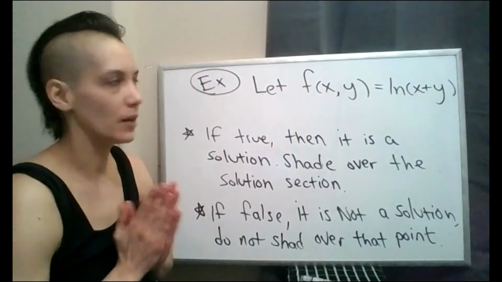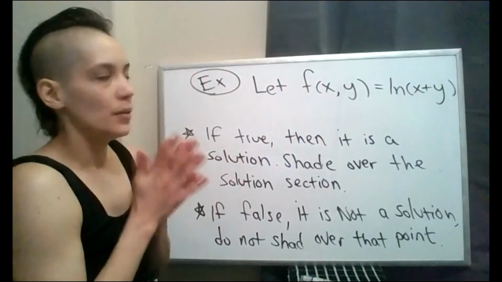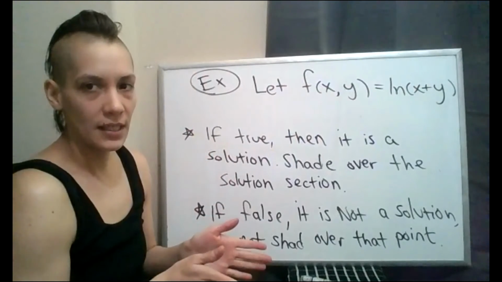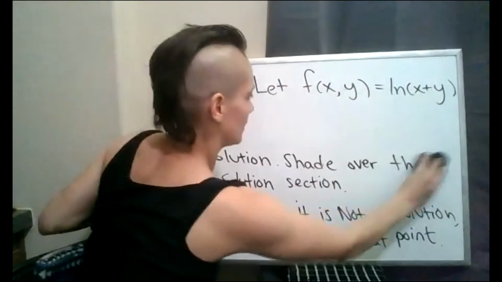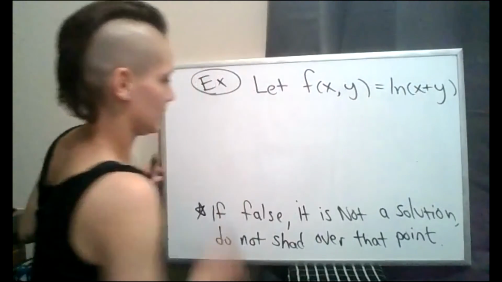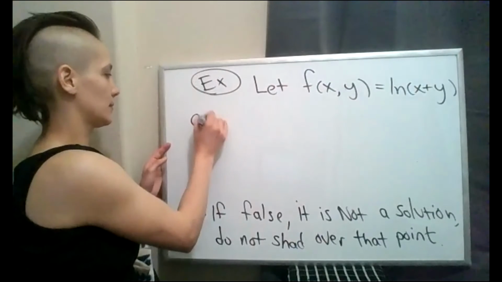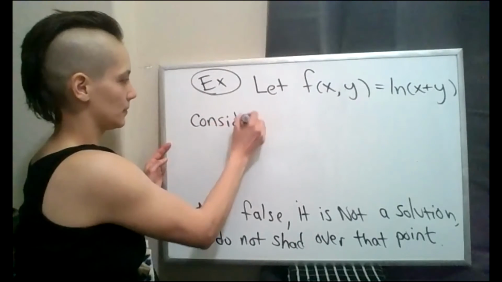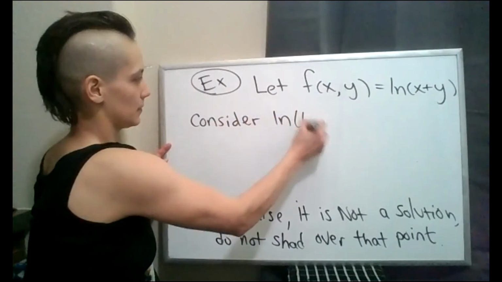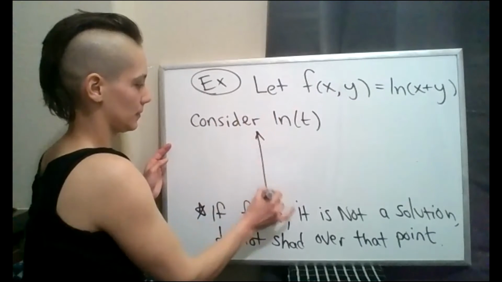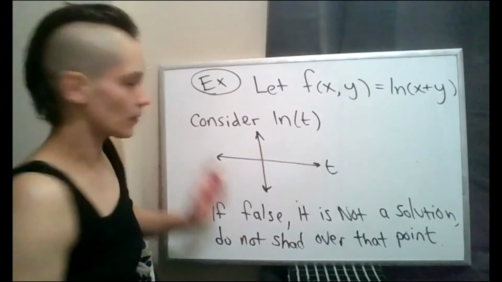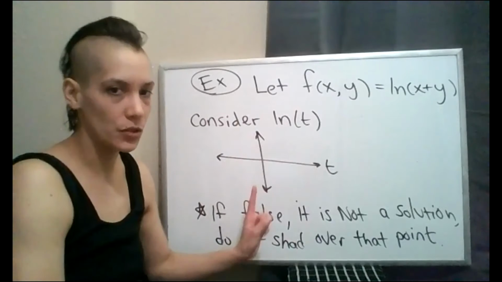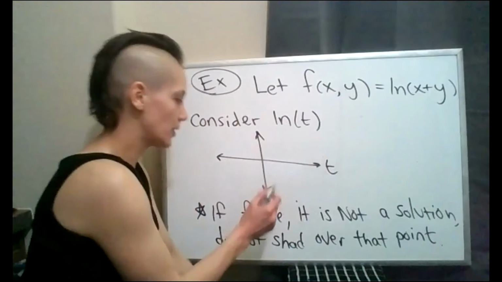Okay, and then we talked about, say you have ln of t. Let's draw that really quick. Your t values have to be strictly greater than 0. The function looks like this.